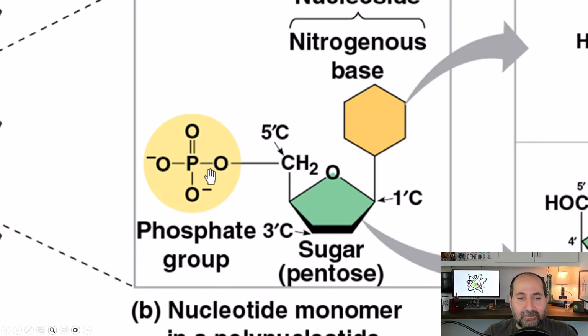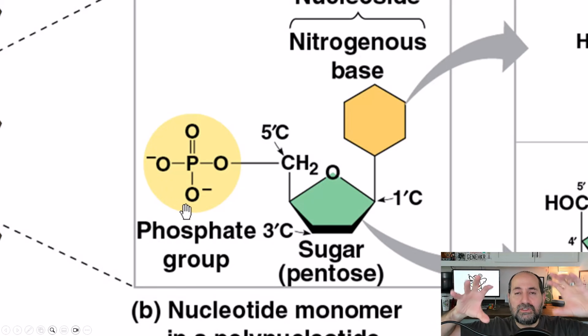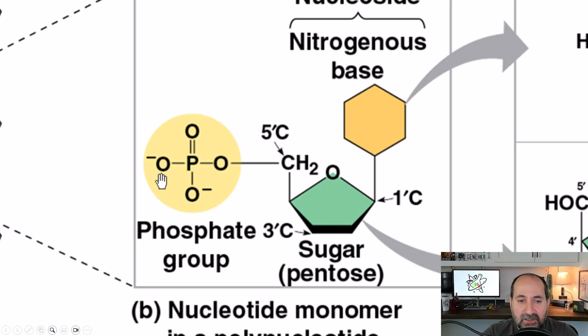Well, here's how. If I had 2 of these nucleotides, the 5' phosphate of one nucleotide would connect to the 3' carbon on the next nucleotide, right? Does that make sense?